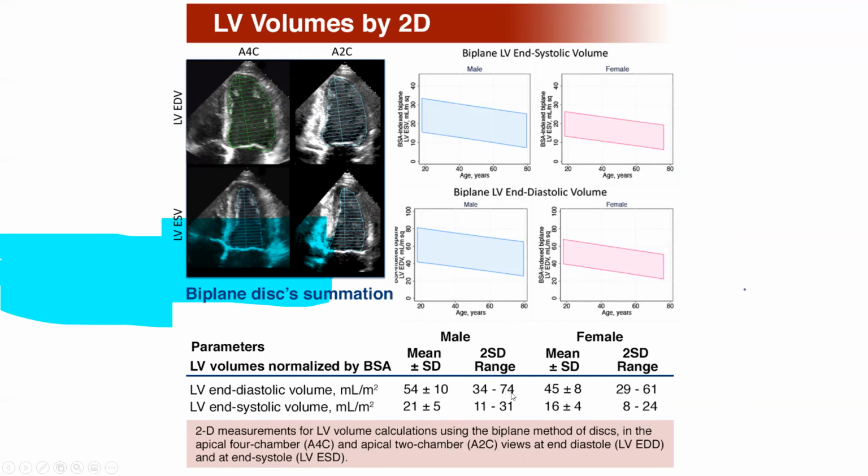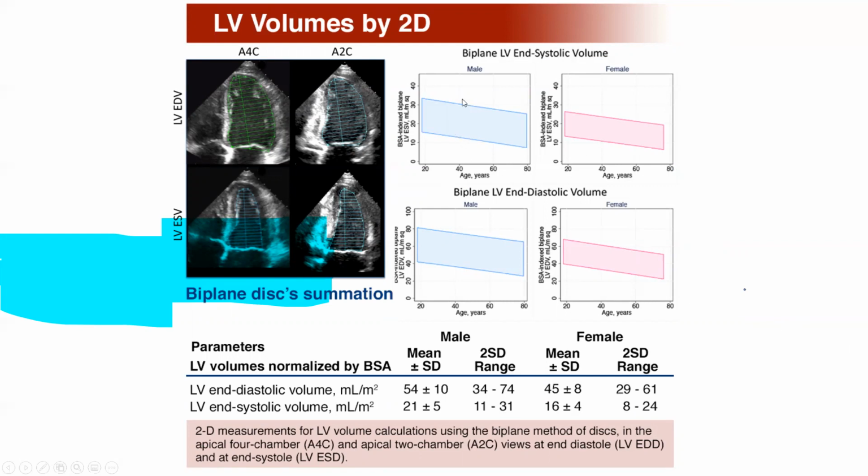They go up to 74 cubic centimeters or 74 milliliters in men and up to 61 in women. And these are numbers that I think are important to keep in mind. The upper limit of normal left ventricular diastolic volume in men, 74, 61 in women.